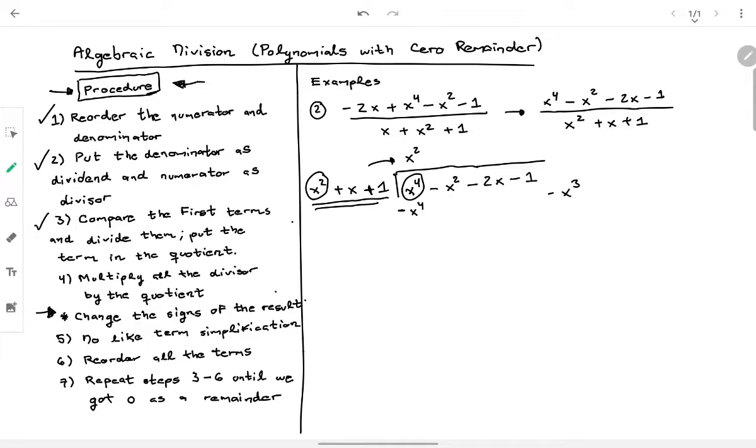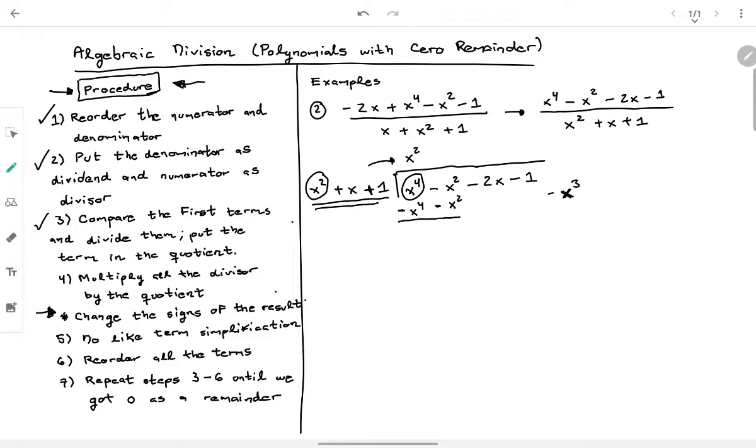We don't have x cubed here, that's why I put it there. Then we are going to use x squared multiplied by 1. It's going to be x squared, but it will be negative x squared.